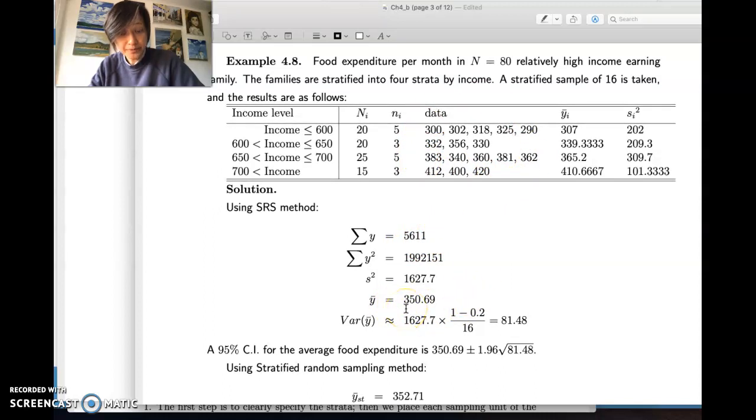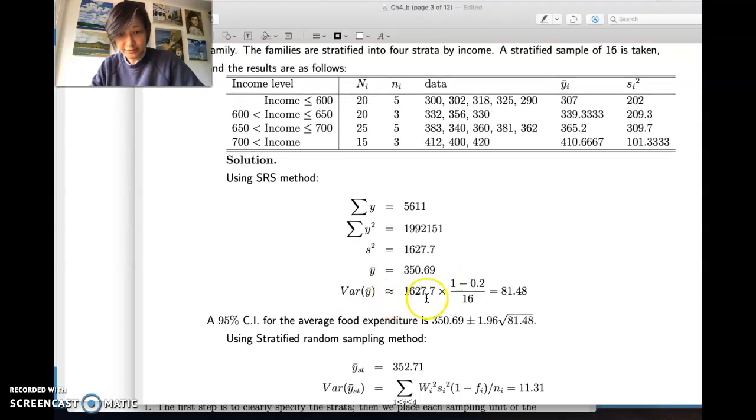So y bar under simple random sampling is about 350.69. Out of those 16 data points, we calculate s squared, which is 1627. Then, using the estimated variance formula, we find the variance is around 81.48.